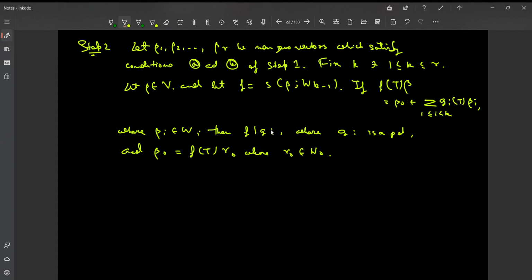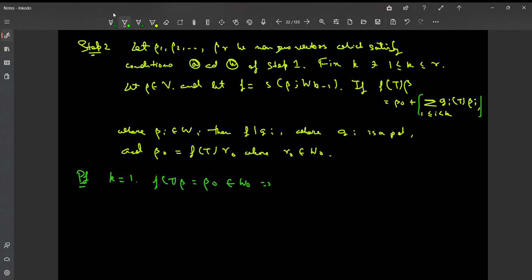Okay, so let's see the proof of step 2. What happens if k equals 1? If k equals 1, we have nothing to say about this part. So f(T) beta becomes beta naught, which is in W naught.